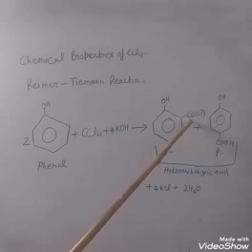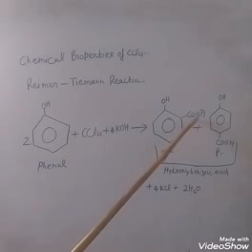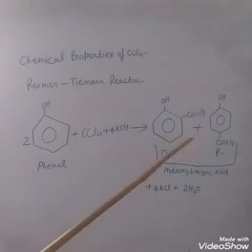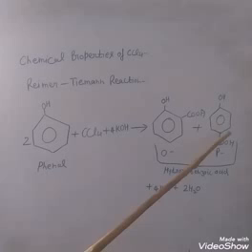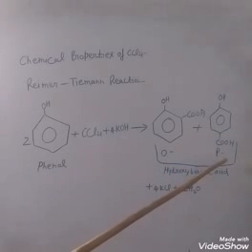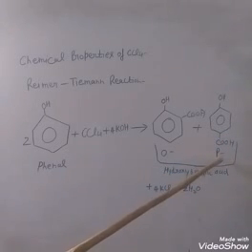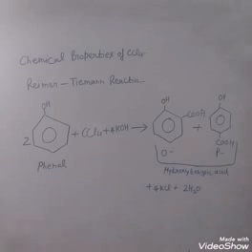In the first compound, the OH group is attached in the ortho position, so it is ortho-hydroxybenzoic acid, and in the second compound the OH group is attached at the para position, so it is called para-hydroxybenzoic acid.